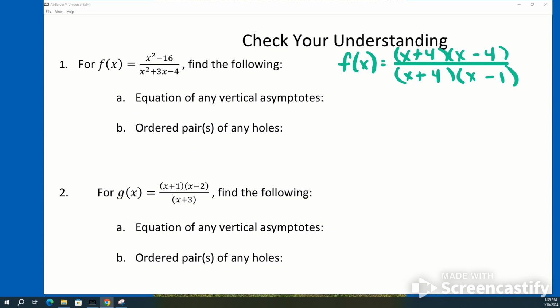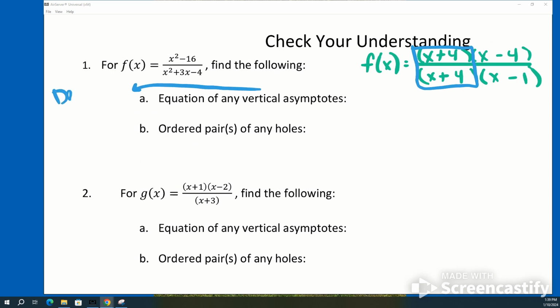Yes. Good job. Whatever they have in common in the numerator and denominator, we're going to box it up. Then we're going to find the vertical asymptote, and that's going to be in the denominator, outside the box. And we're still using the opposite like we did on the previous lesson. So what do you think the vertical asymptote is going to be? x equals 1. Good job.